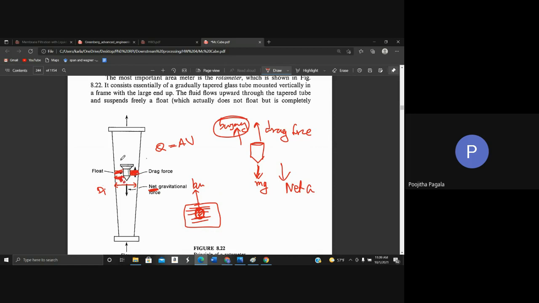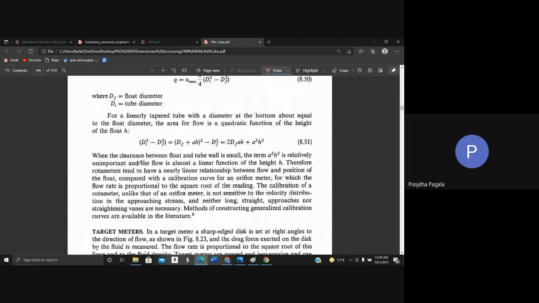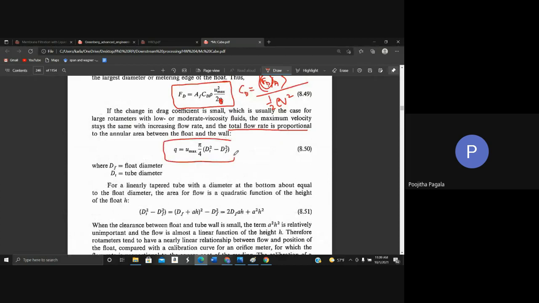Sorry, the diameter of the float is D0 and the diameter of the entire tube is Di. So area is going to be pi by 4 (Di square minus D0 square). So if you use that area, ikkada Q is equal to U max into pi by 4 (Di square minus D float square). So for a linearly tapered tube with a diameter at the bottom equal to the float, the area of the float is a quadratic function of height of the float.